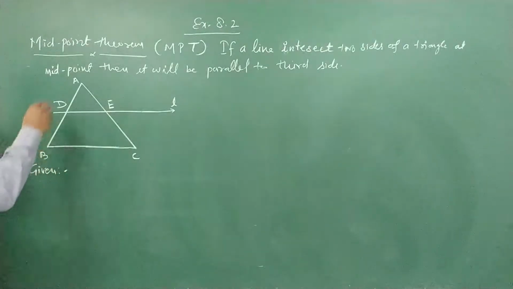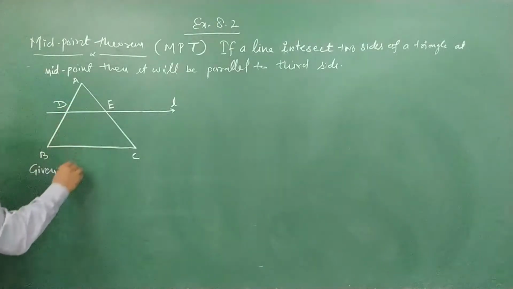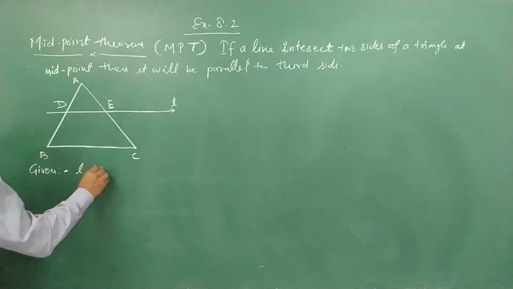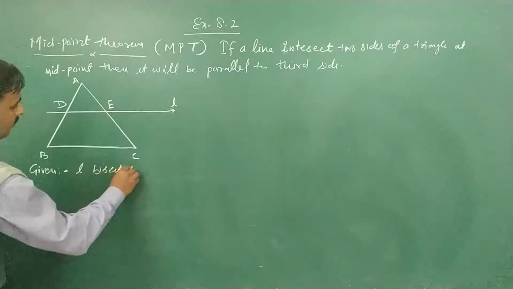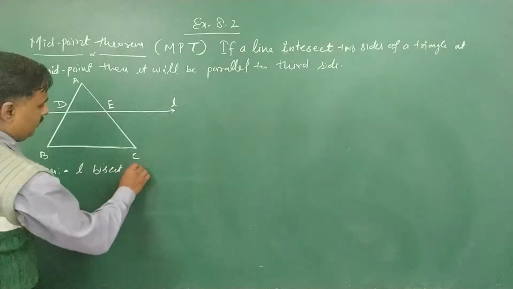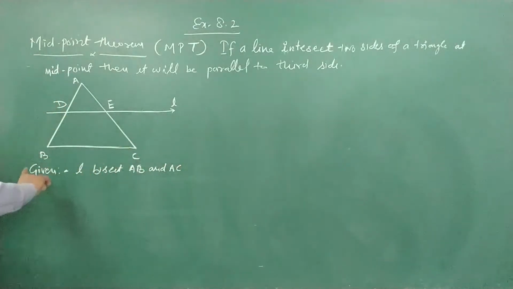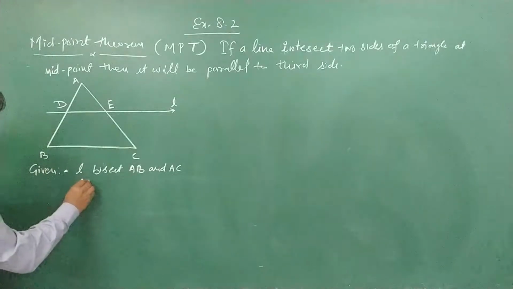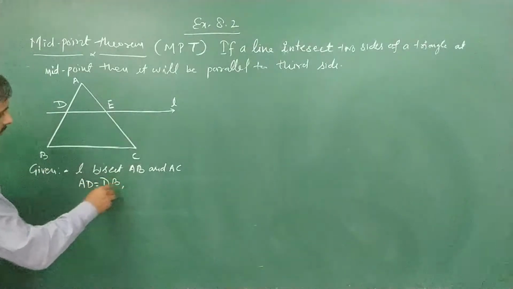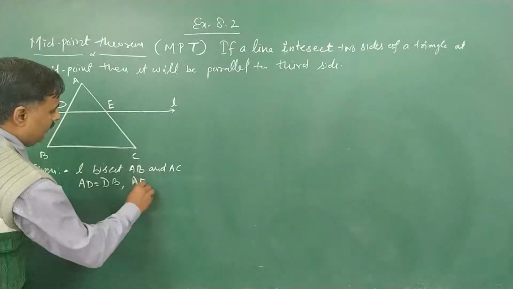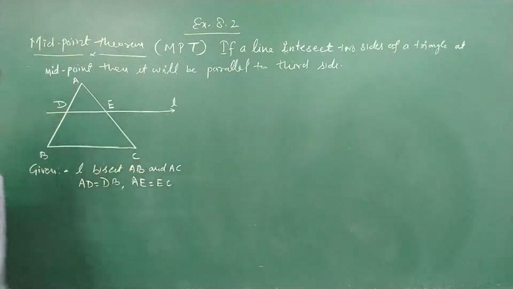Given is L bisects AB and AC. If it's bisecting, it means AD is equal to DB and AE is equal to EC.